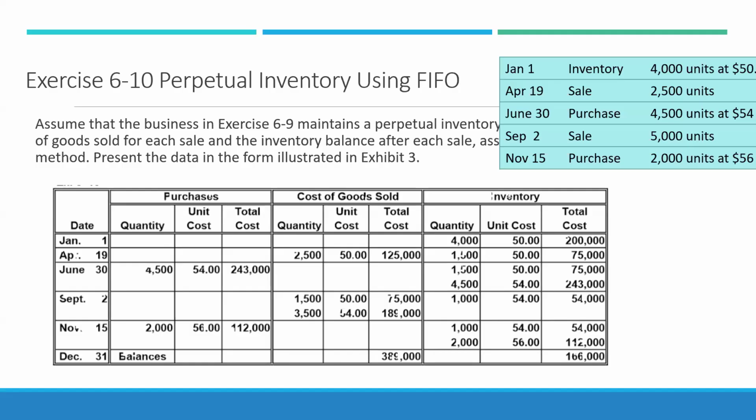And so if you just take 4,000 times 50, and then 7,500 minus 4,000 is 3,500. So you take 4,000 times 50, 3,500 times 54, and that comes out to 389,000, which was what our cost of goods sold was.